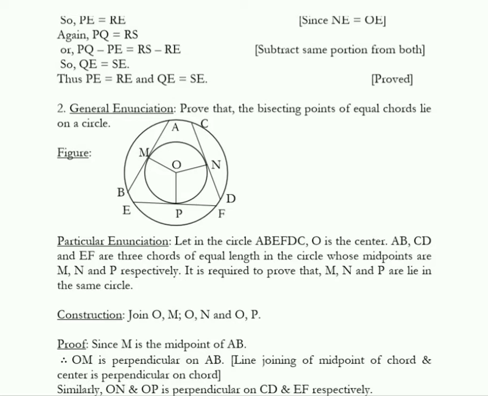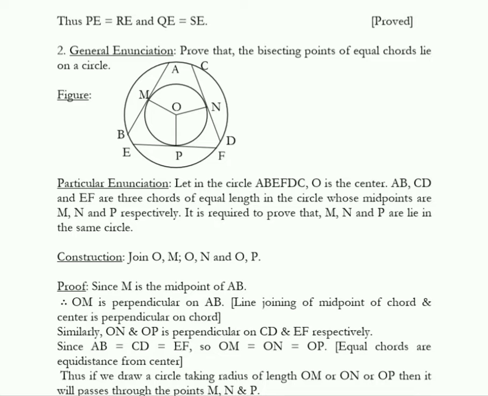Since M is the midpoint of AB, so we can write OM is perpendicular on AB. Similarly, OP and ON are perpendicular on EF and CD respectively.